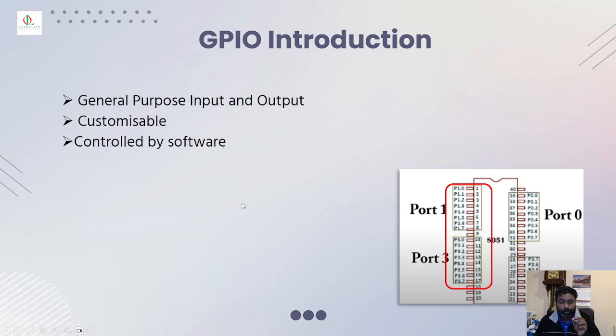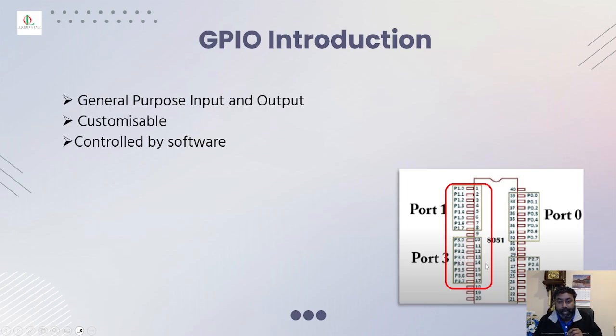The code that you're going to write will help you determine whether that pin is used for an input or an output. For example, when someone points out P3.2, what does that mean? It's on port 3, and .2 is the second pin on port 3.